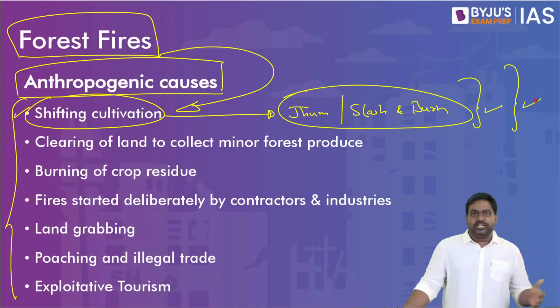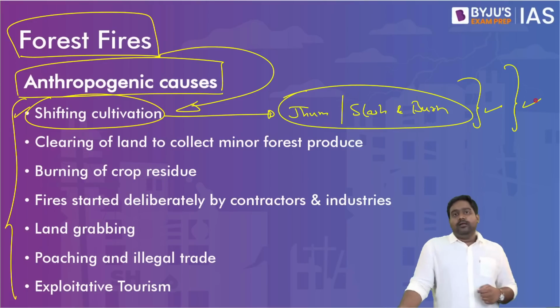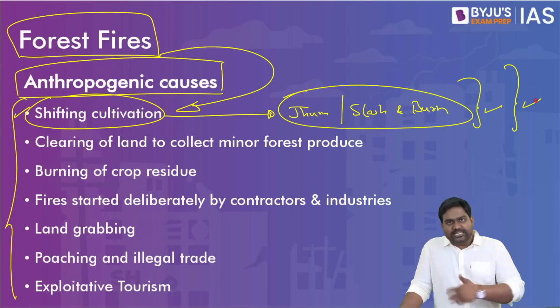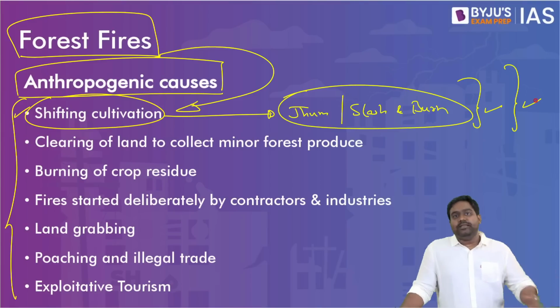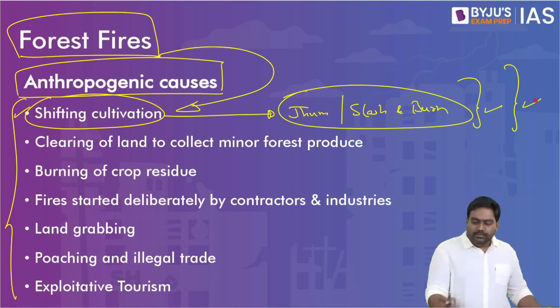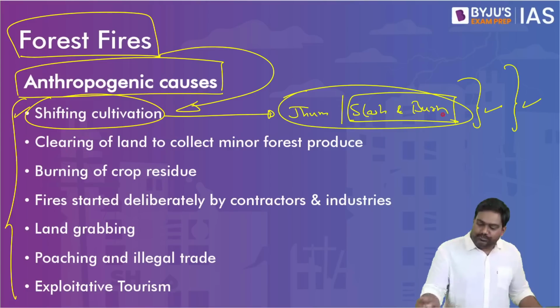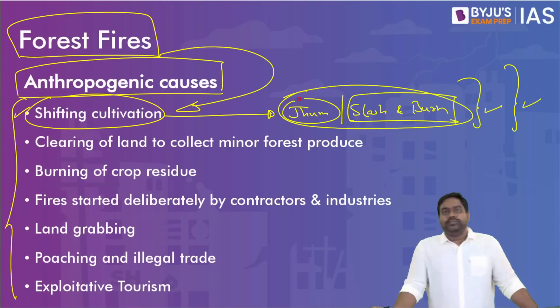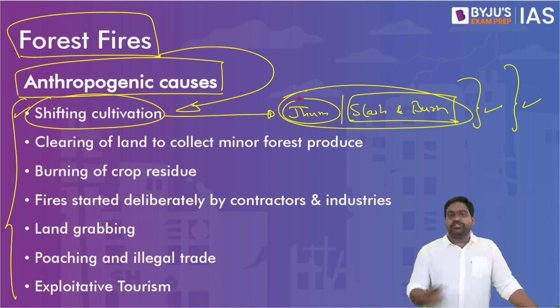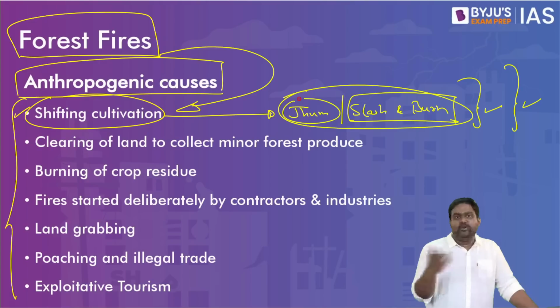They carry out deforestation, set fire deliberately, and once they finish few cropping seasons, the soil loses fertility. So they set fire and they start farming in the next area, right? They keep shifting the cultivation field by burning down the forest and the previous residue, the crop residue. So jum cultivation, slash and burn cultivation, it could easily go out of control and it could set fire to the nearby forests.